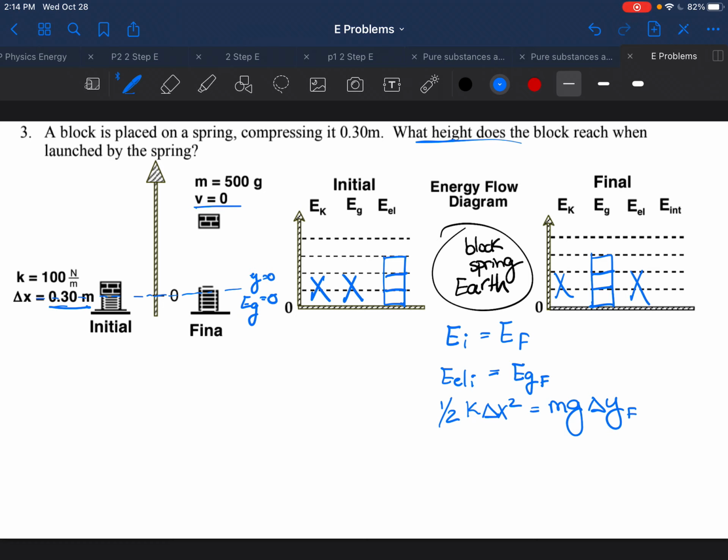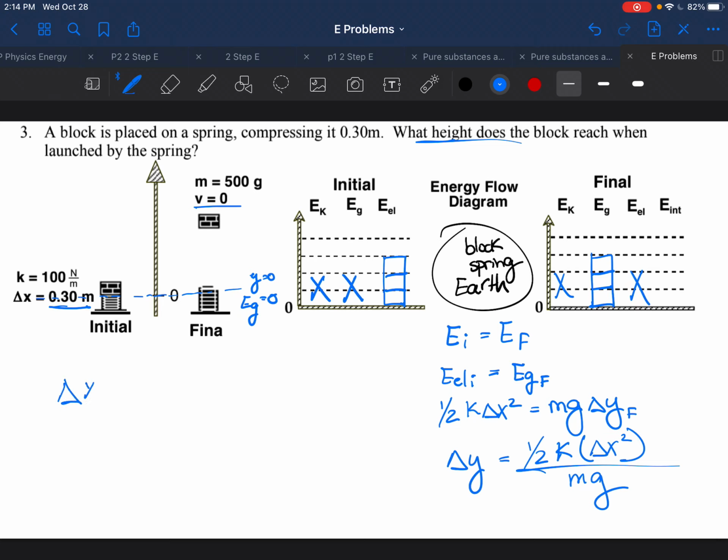I'll divide both sides by mg, and I'll get 1/2 k delta x squared over mg.